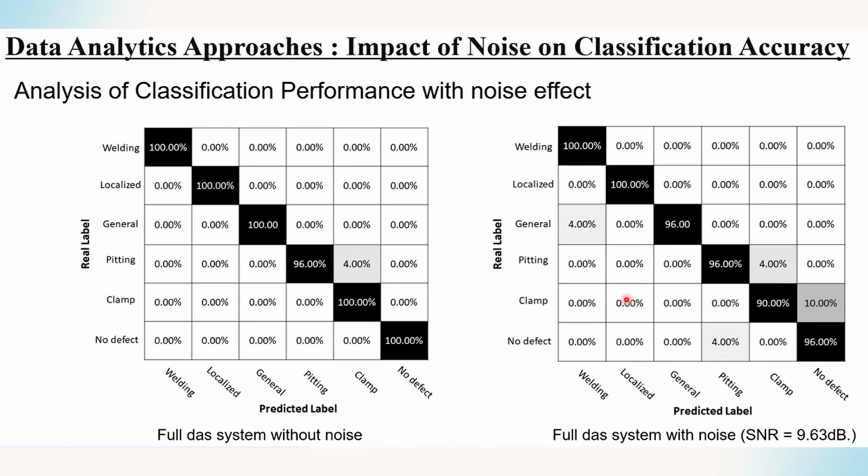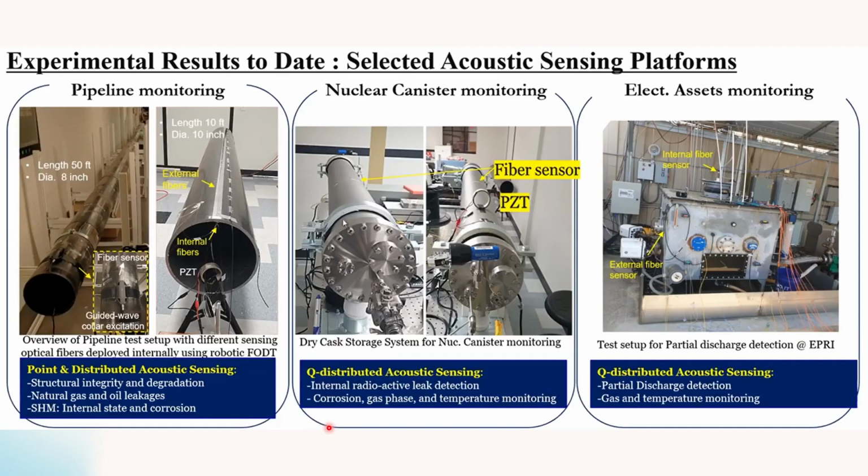And then we have the data analysis approach, the impact of noise on classification accuracy. They proved that the model they have created worked better in all of the circumstances. And this is the experimental result to data selected acoustic sensing and platforms.